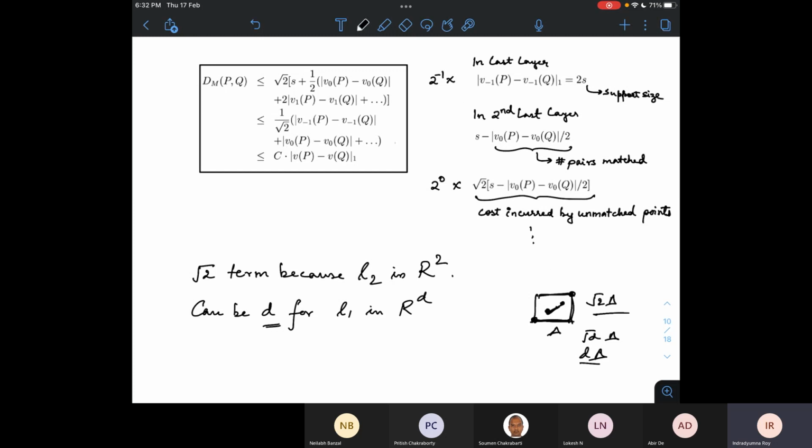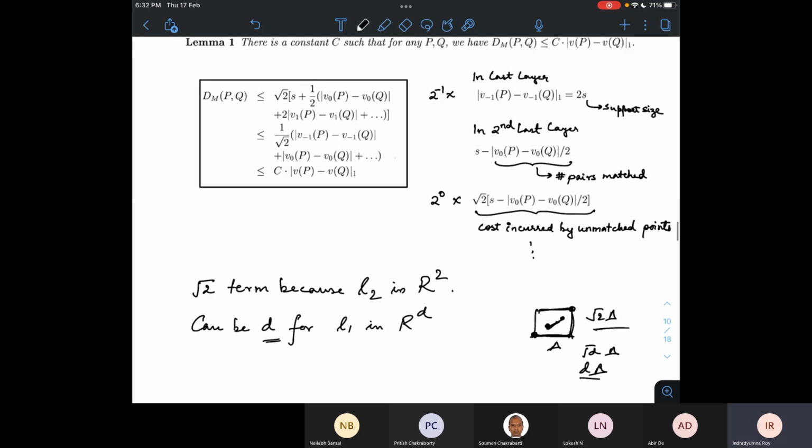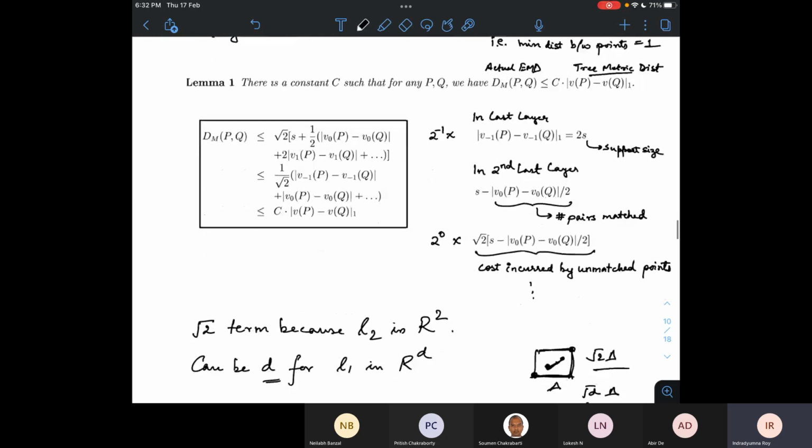So there is a hidden D in the constant term. That's why this bound is a very bad situation, because it basically says that my tree metric distance can be D times smaller than the actual EMD distance, where D is the dimension. So this is a very high distortion for higher dimensional stuff.